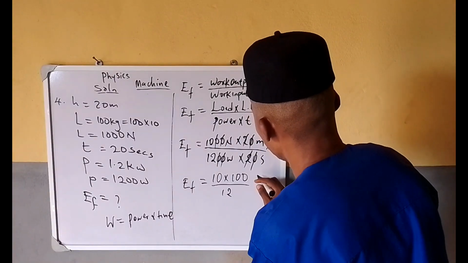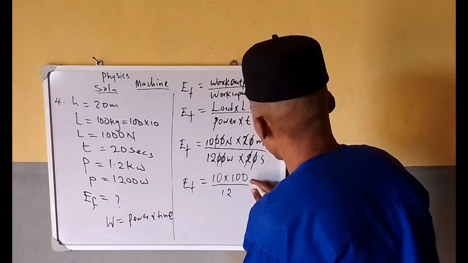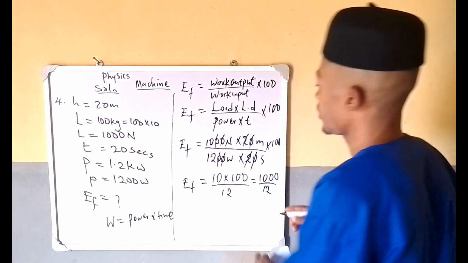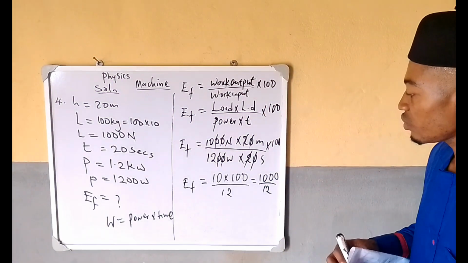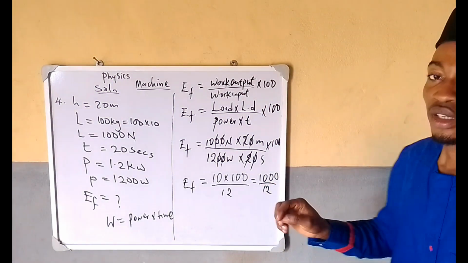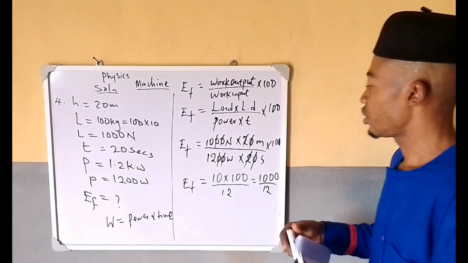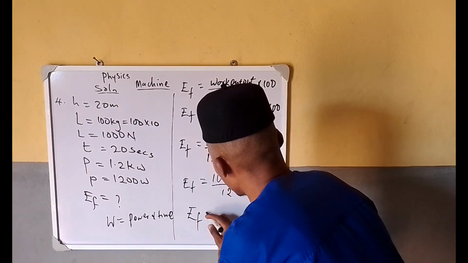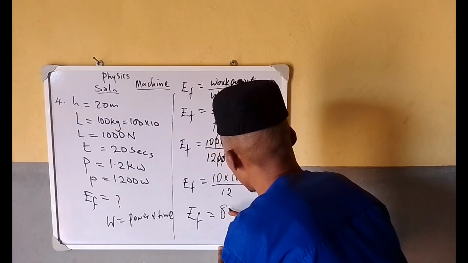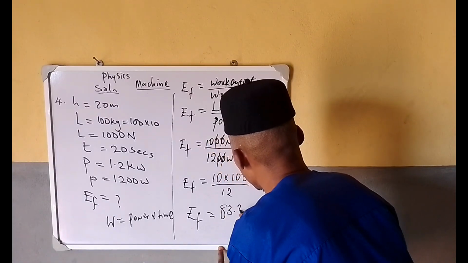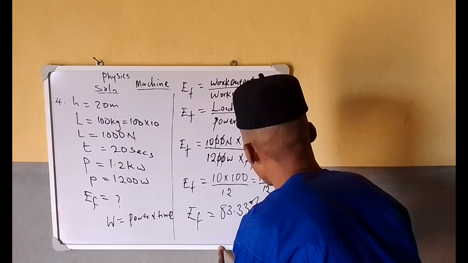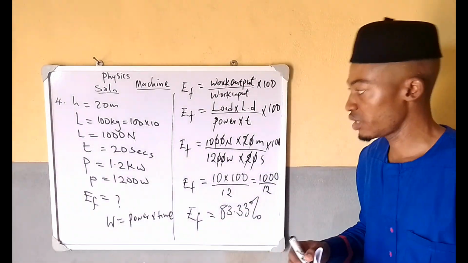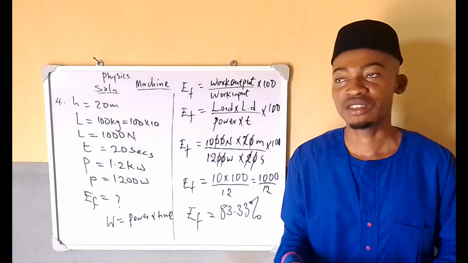This is the same as 1000 over 12. So if you press your calculator, you are going to get that efficiency is equal to 83.33%. That is the efficiency of the machine.